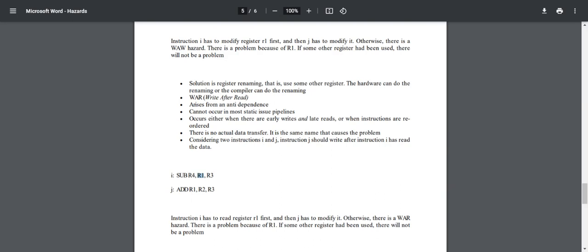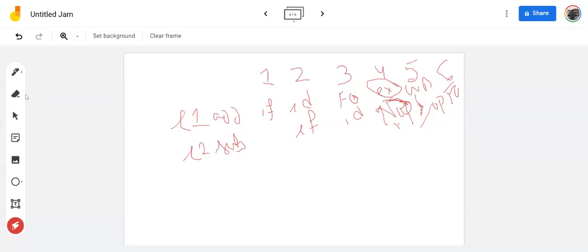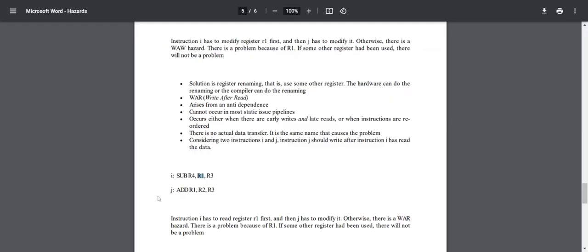Now, if you follow the sequence of instructions, as we have discussed before, let's say R1 has some value called 1 before instruction I, right? Now, if you allow instruction J to write back before the fetch operand operation for instruction I gets completed, what will happen?